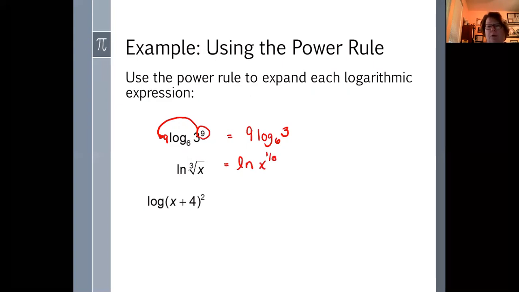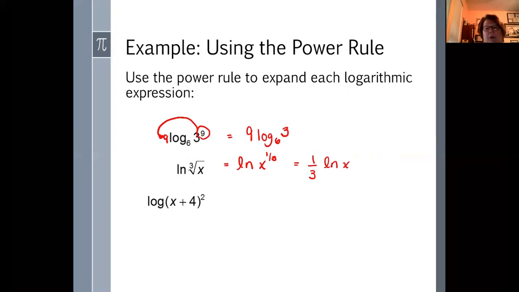The cube root of x and x to the 1/3 are equivalent expressions. Now that I have this written in terms of an exponent, I can bring that exponent out of the logarithm and make it a factor. So we could write this as 1/3 times the natural log of x.